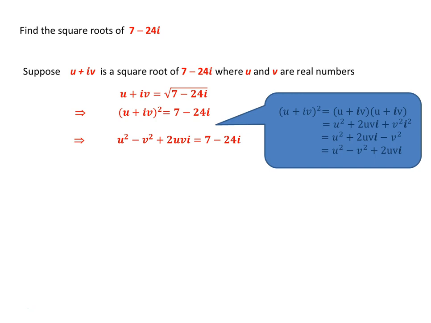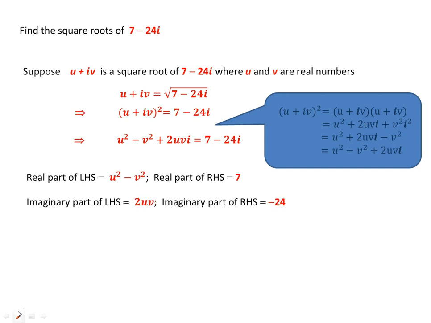Now, the left-hand side has a real part of u squared minus v squared. The right-hand side has a real part of 7. Similarly, if we look at the imaginary parts, the left-hand side has an imaginary part of 2uv, and the right-hand side has an imaginary part of minus 24.